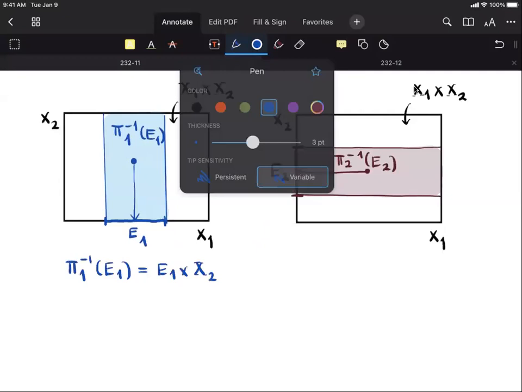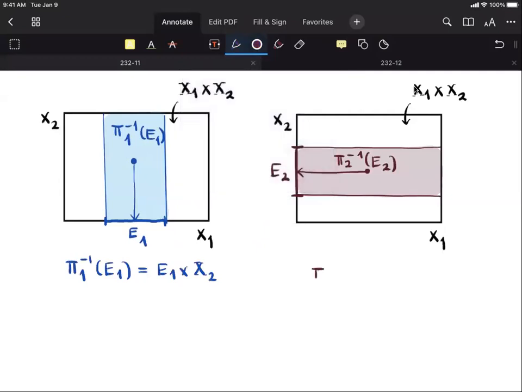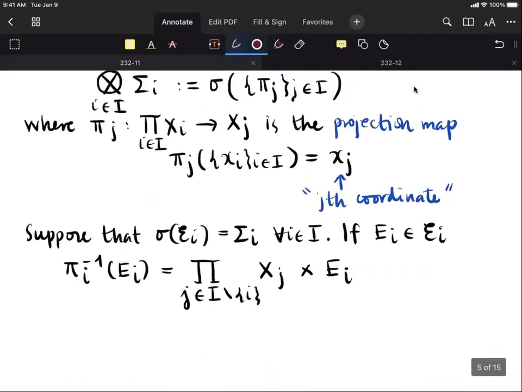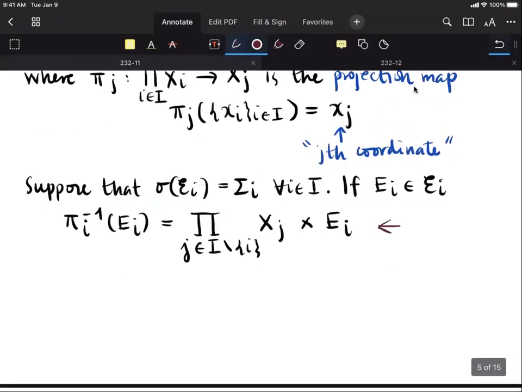And similarly, pi 2 inverse of E2 is equal to X1 cross E2. So take note here, we have the set E1 and E2, and for the other coordinates, you just take the whole set. Analogously, that is what is happening here. We take this and then take the Cartesian product except the ith coordinate.